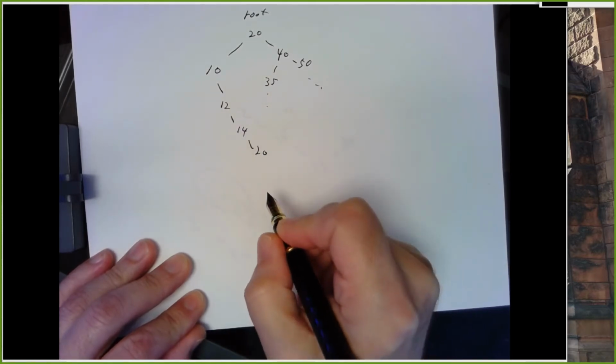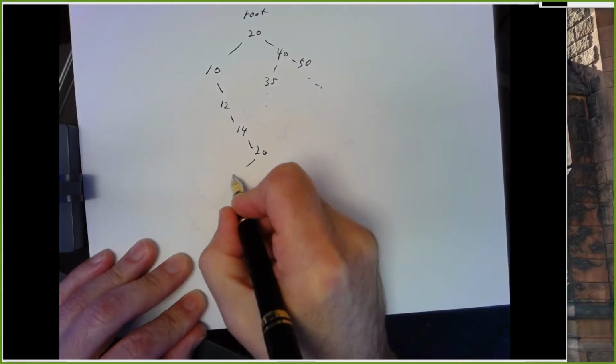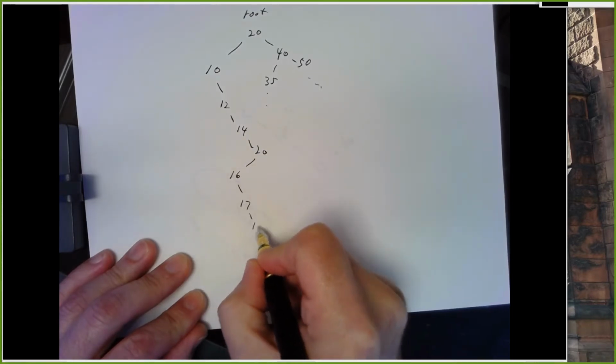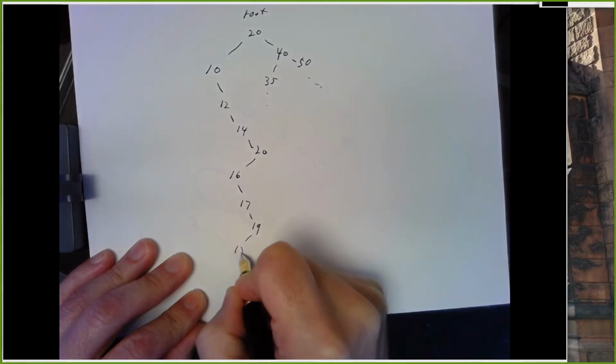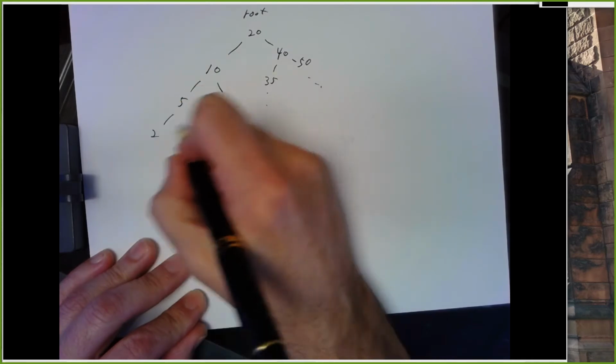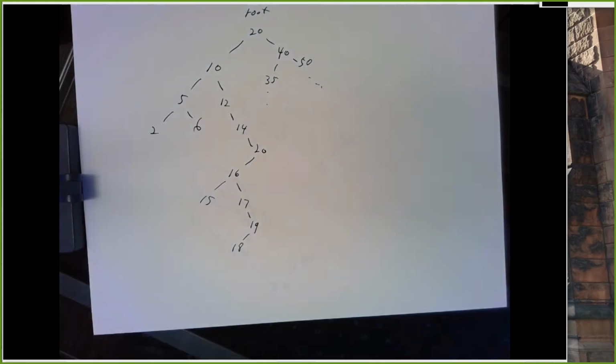Here's a 20. Here's a 16. There's a 17. There's a 19. There's an 18. Here's a 15. Alright, big old messy binary tree. And so let's see how we delete the 20.